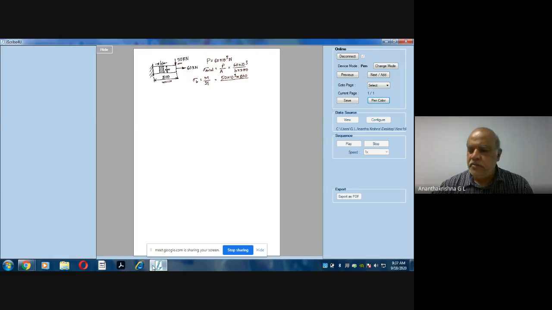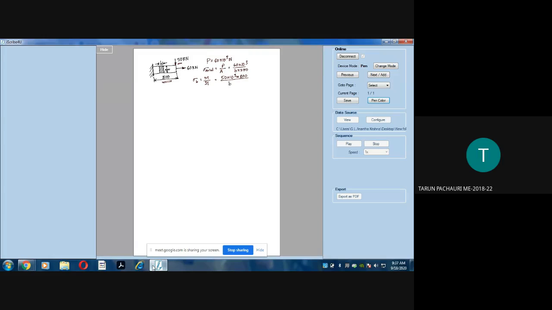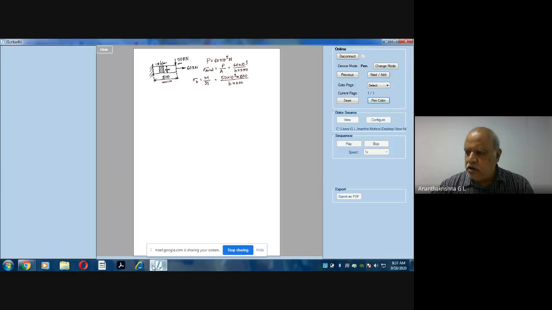Are you with me? So that is B into 200 square by 6. Simplify, and you will get something divided by B. Here also you will get something divided by B. Correct? Now, when you have axial and transverse load, the sigma total will be the sum of sigma axial plus sigma bending.